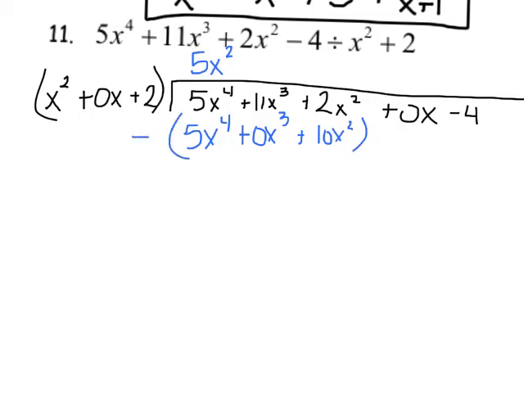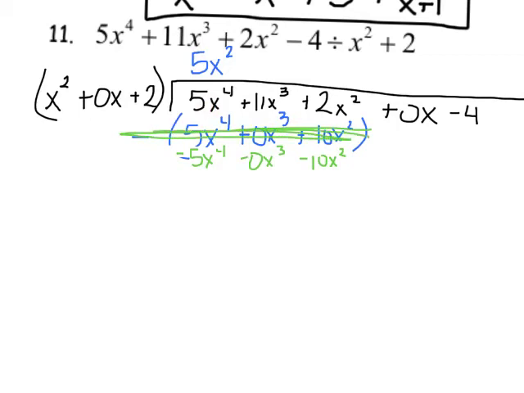Parenthesize, subtract. So one of the things we started doing in class is actually distributing that negative sign in. If that's something that helped you, by all means do that. So I'm going to put minus 5x to the 4th minus 0x cubed minus 10x squared. If you take that step, make sure you just kind of cross off this.